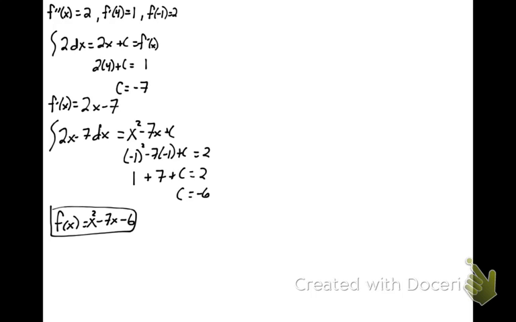Two more examples involving some differential equations. In example 21, I know that the second derivative is equal to 2x. I know that when the derivative has an input of negative 5, it will be equal to 30. I know when the original function has an input of 2, it will be equal to negative 1. I'd like to find the original function.